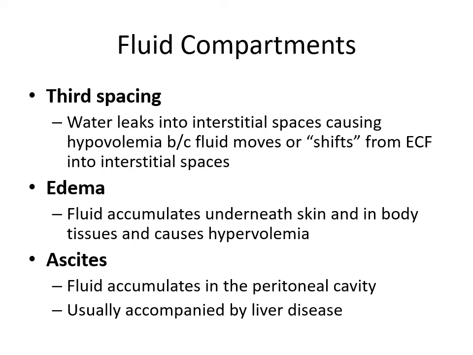So when we say hypovolemia, although you have fluid, it's in the wrong compartment. In edema, fluid accumulates underneath the skin and in body tissues. And so here we actually may have hypervolemia. And in ascites, fluid accumulates specifically in the peritoneal cavity. This is usually due to liver disease.